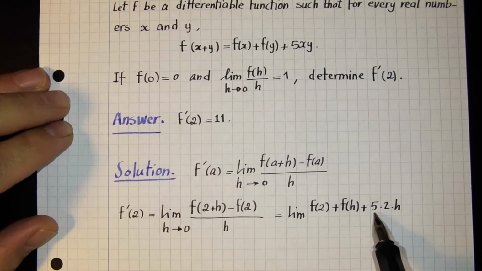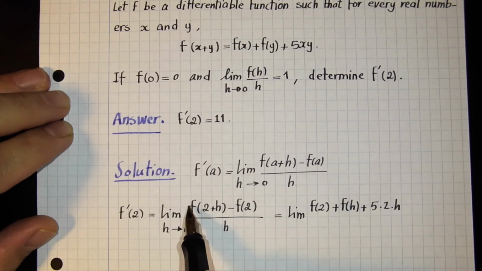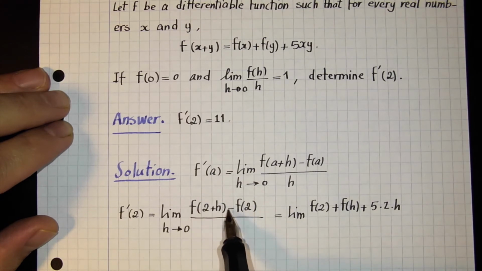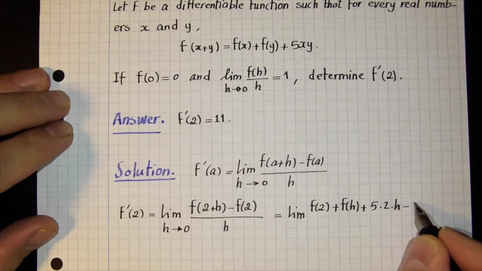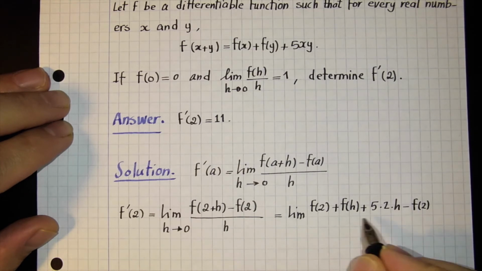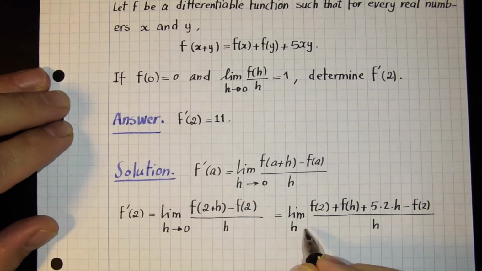So what I have written so far is actually equal to only this first term. And then after that I have a minus sign, and then I have f of 2. So I would write f of 2 and the whole expression divided by h as h goes to 0. Yes?